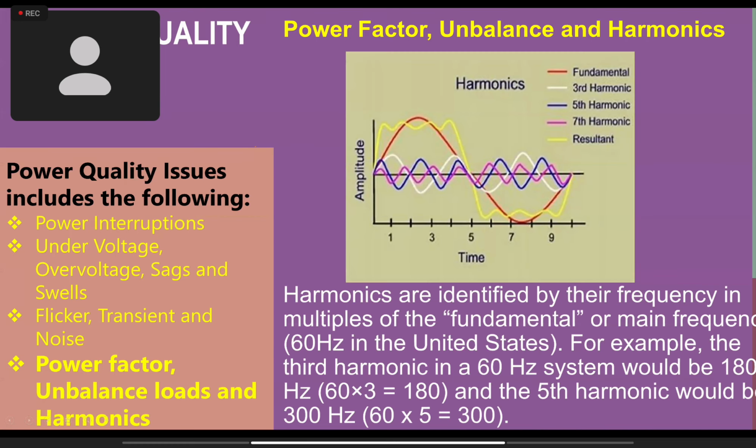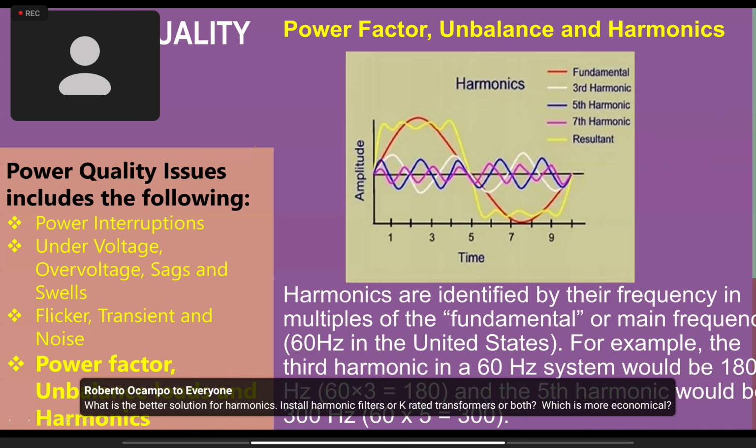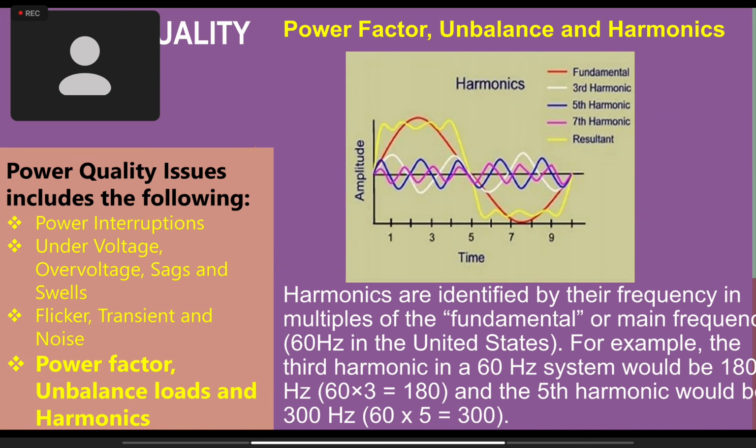Okay. So how do we know that there are harmonics in the system? Harmonics are usually identified through the multiples of the frequency that it generates. So for example, in our system, in the United States and here in our country, we're using 60 Hz. The presence of harmonics should give us, for example, a third harmonic: 60 times 3 will give us 180 Hz. The fifth harmonic would give us 300 Hz.